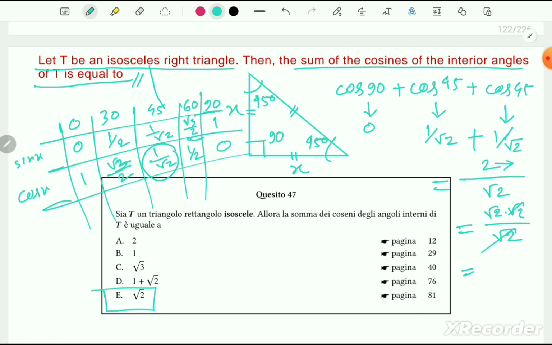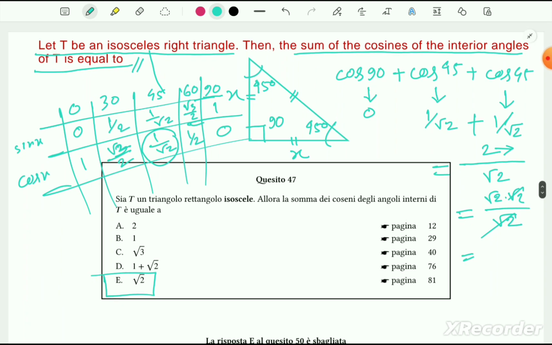But in case you forget the value of cos 45, I know it's easy, but in some cases it may happen, or maybe you have to find another complex ratio.